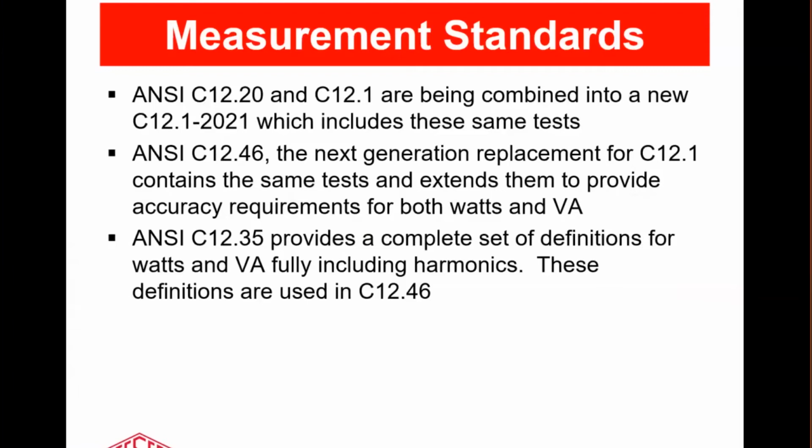It contains the same tests that are in C12.20, but they've been extended to provide accuracy requirements over a broader set of conditions, and also to measure both watts and VA from these harmonic waveforms.